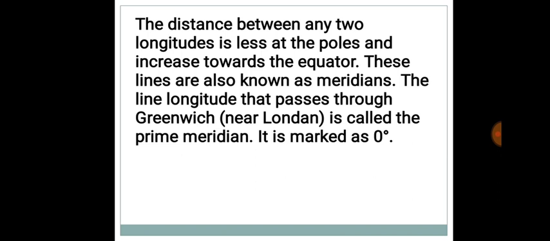These lines are also known as meridians. The line of longitude that passes through Greenwich near London is called the prime meridian. It is marked as 0 degree.